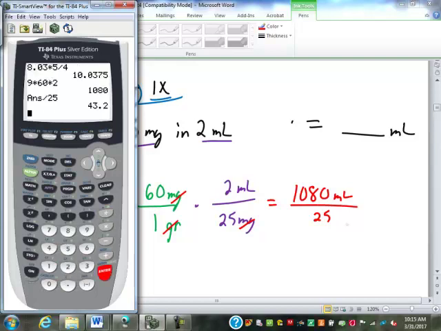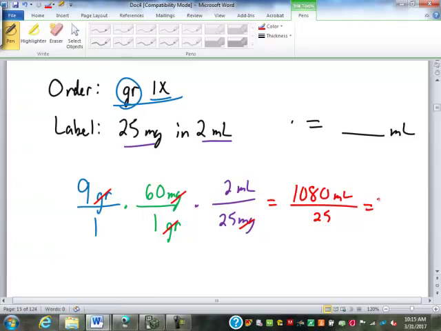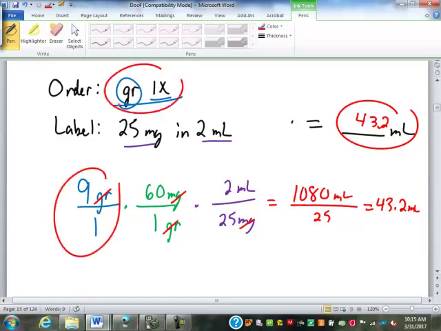So we divide that out, we get 43.2 milliliters. So that's what you would be administering to the patient, 43.2 milliliters. Any questions? The 9 grains, that's from the orders. GR means grains, IX is 9 in Roman numerals.